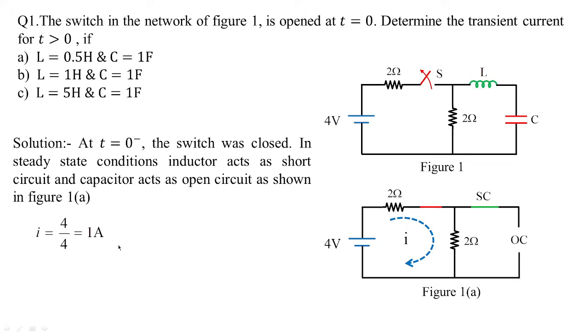Is this clear? If I want to know the open circuit voltage across 2 ohms, it will be equal to 2 volts. In fact, whatever the developed capacitor voltage, it will be 2 volts only. So keep this in mind, and let us take this as equation 1.